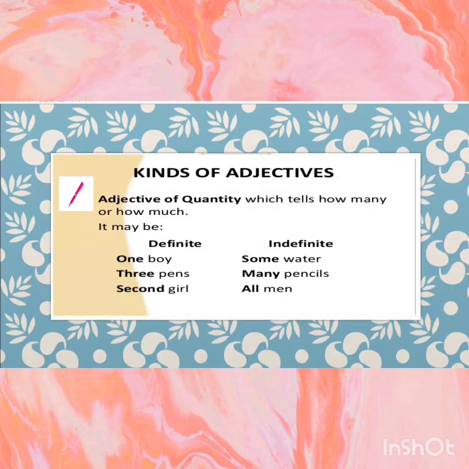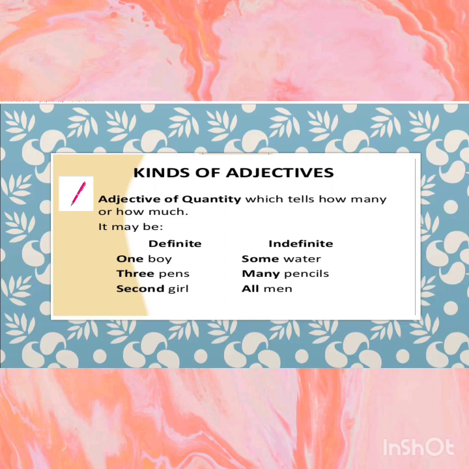Now look at the next slide, that is the adjectives of quantity. This type of adjective tells us about how many or how much. It may be a definite number or can be indefinite.